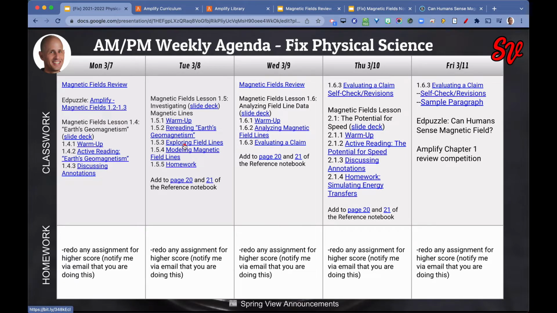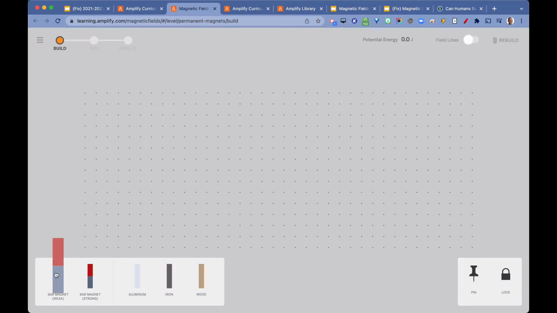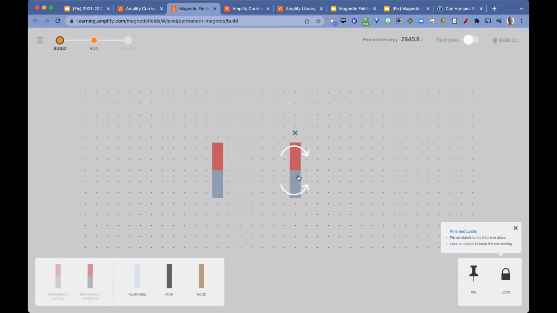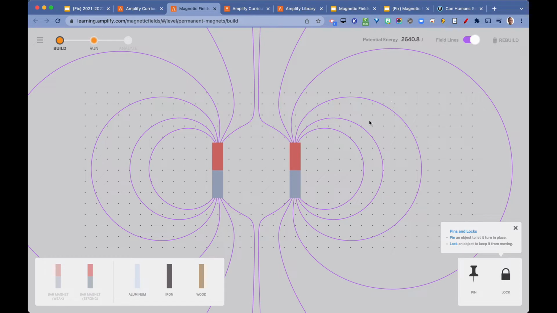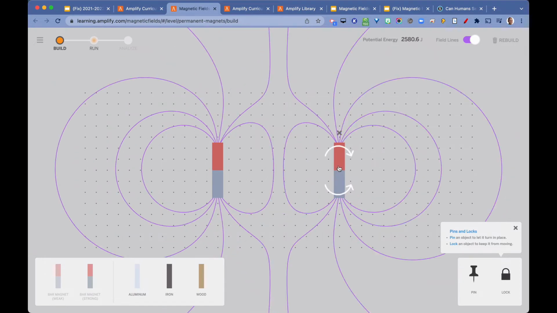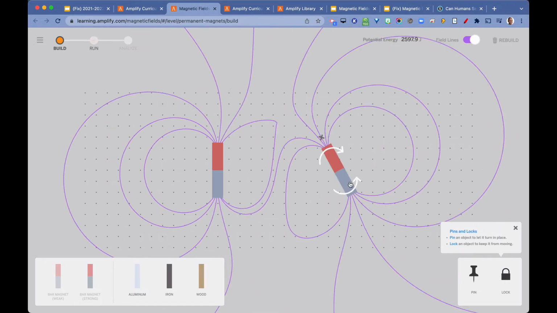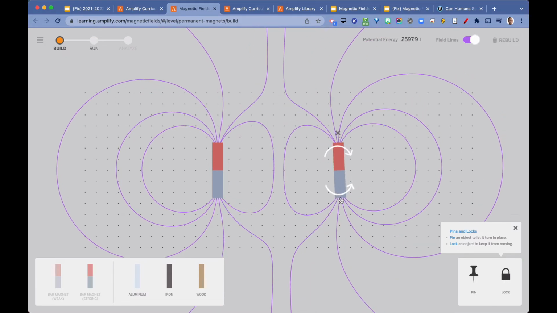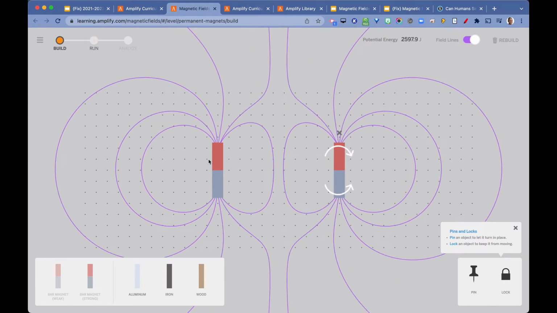And then lesson 1.5 on Tuesday was all about investigating magnetic field lines, including some exploring and modeling. Students used the Amplify sim, where they placed two magnets nearby each other and toggled on the magnetic field lines to see how they're arranged. This is what the field lines look like when like poles, north-north and south-south, face each other.